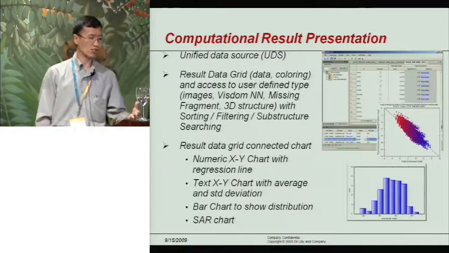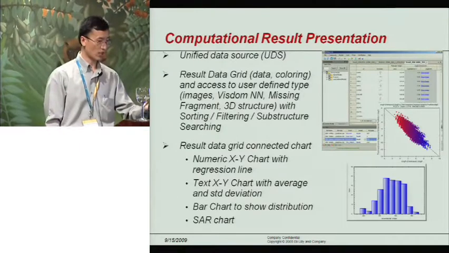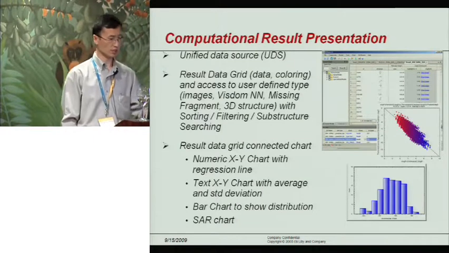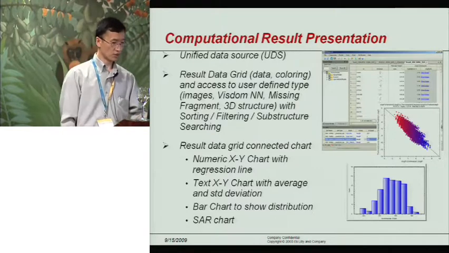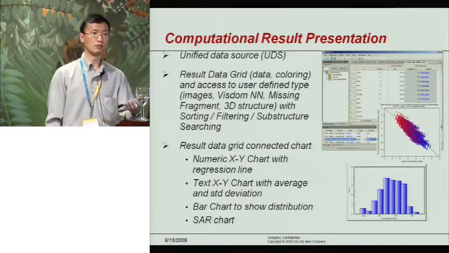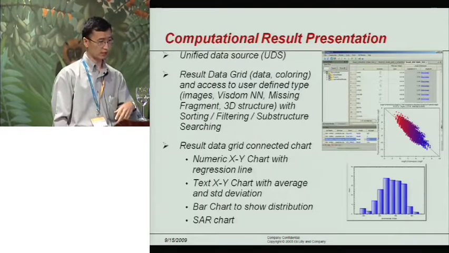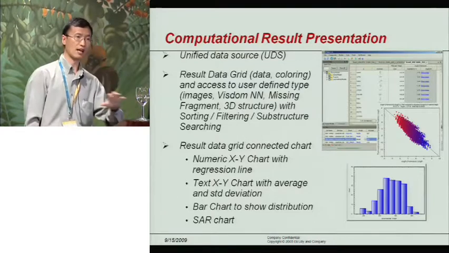And we also provide charts. You can right-click the grid and generate a chart: an XY chart with a regression line, and you can create a text chart, bar chart, and SAR chart. This chart was developed on top of ZedGraph, which is basically open source. The good thing here is that the chart and the data grid are actually synced.